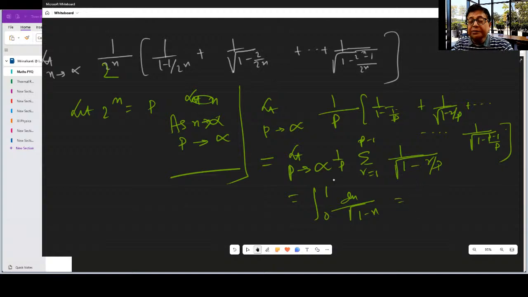This integration can be done easily. 1 minus x plus 1 minus half. Oh my God. Just a minute. This will be minus half plus 1 by ... minus 1 will be outside.